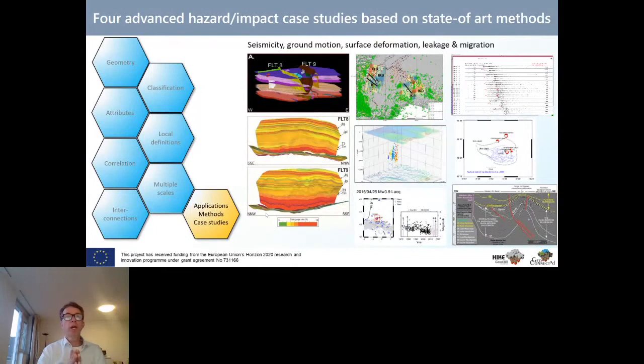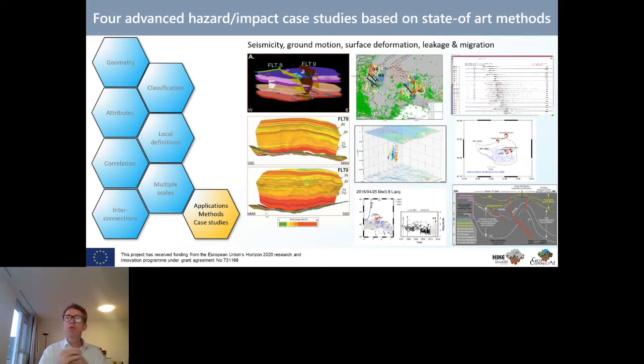Last but not least, we have used the fault data for a total of 4 advanced hazard and impact case studies, which are deploying and developing novel and state-of-the-art methodologies for investigating seismicity, for example, resulting from hydrocarbon production, geothermal energy production or storage. But we also looked at projects that looked at the ground motion and surface deformation, for example, in Italy.